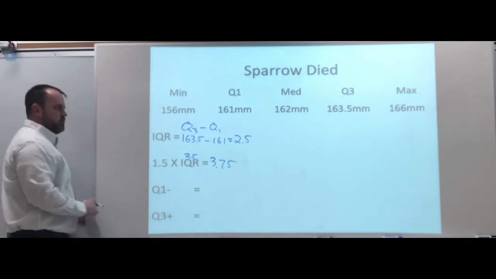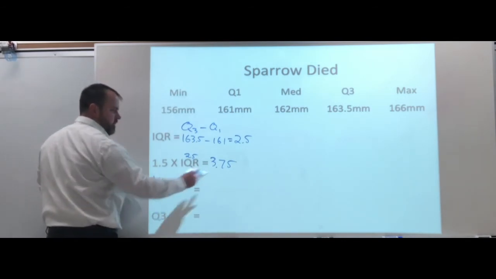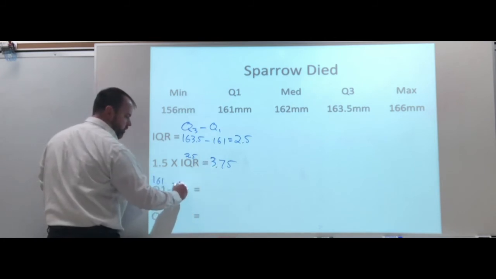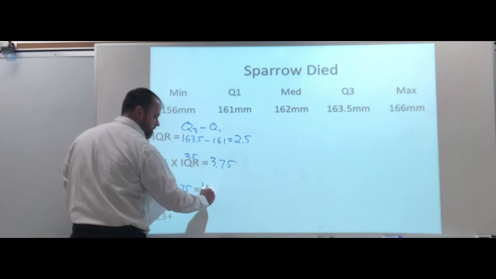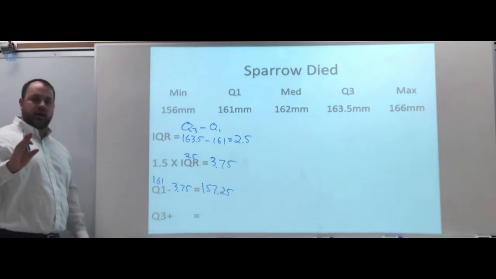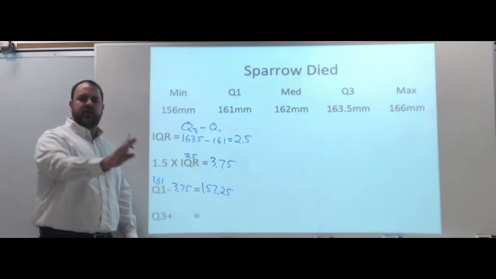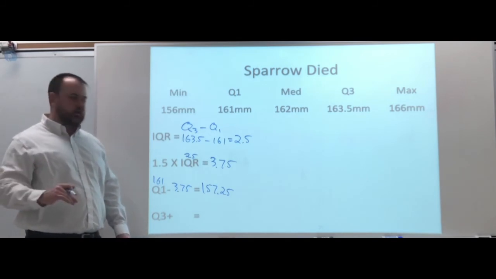So here's our first quartile, 161, minus the 3.75, and that should be 157.25. So there's our lower range. Any sparrow that has a length lower than 157.25 would be considered an outlier.